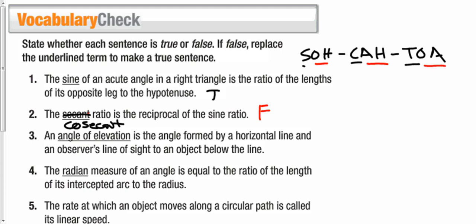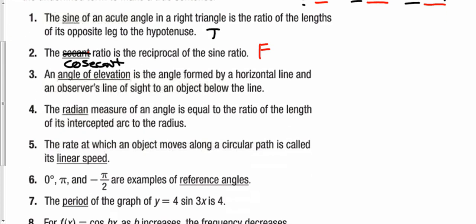Okay? Next, an angle of elevation is the angle formed by a horizontal line and an observer's line of sight to an object below. So let's think about this for a second. Angle of elevation, here's my nice person standing there, is formed by a horizontal line, okay, and an observer's line of sight to an object below the line.